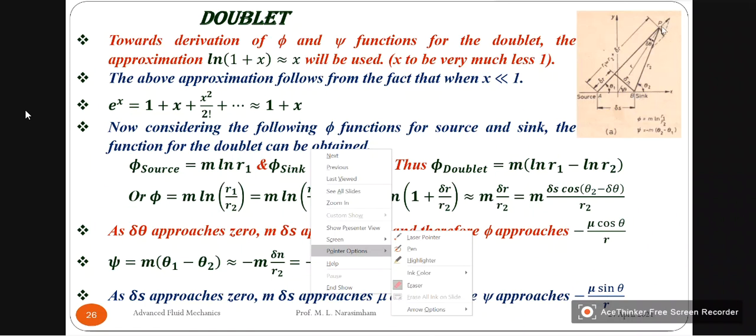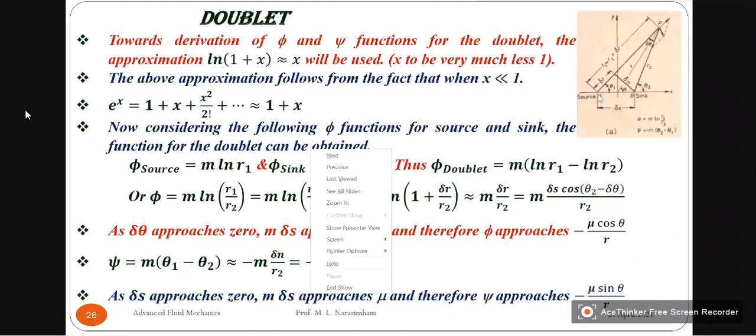Now we'll consider a point P, and we'll try to write the expressions for phi and psi for flow corresponding to the point P. So the distance between this point P and the origin is R, and the angle P is making with the x-axis is theta. So now we have sink here, we have source here.